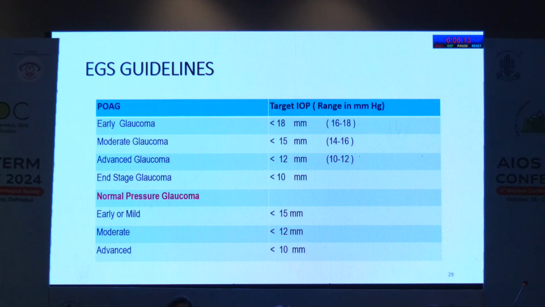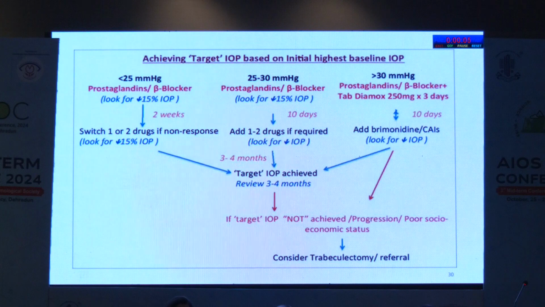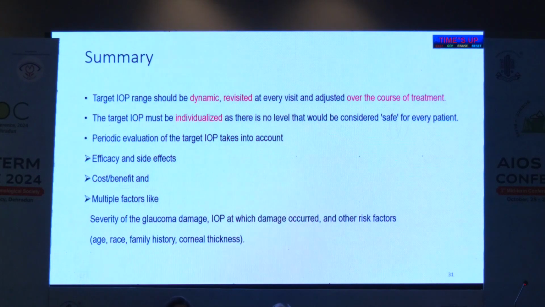For early, moderate and advanced glaucoma, the target IOP ranges would be different. NTG, again, the ranges would be different. You would like to have a combination of drugs to reduce IOP, or if that doesn't work, for example, target not achieved or progression or poor socioeconomic status, you need to consider trabeculectomy.